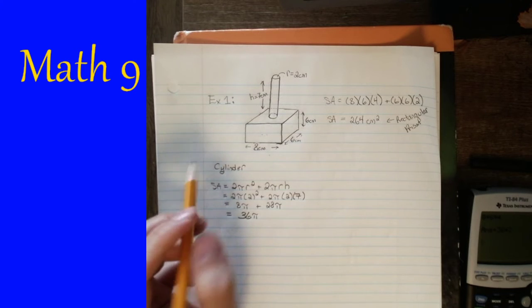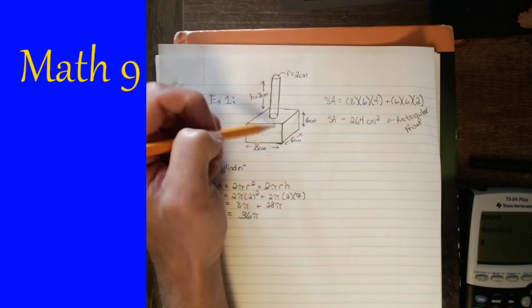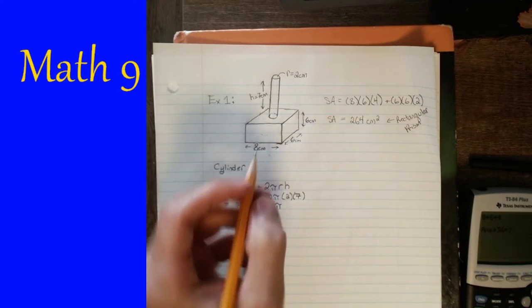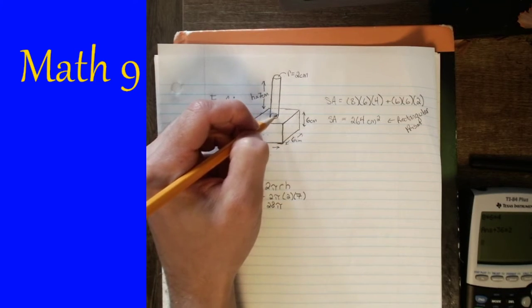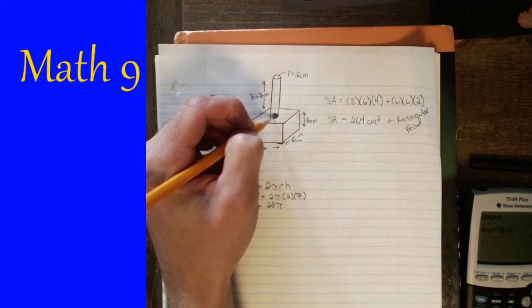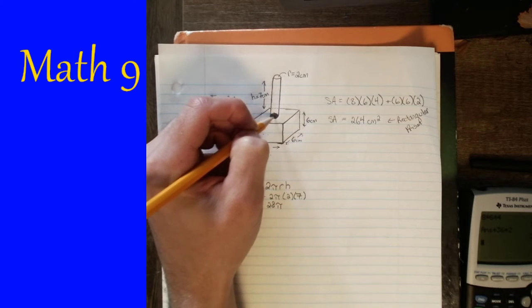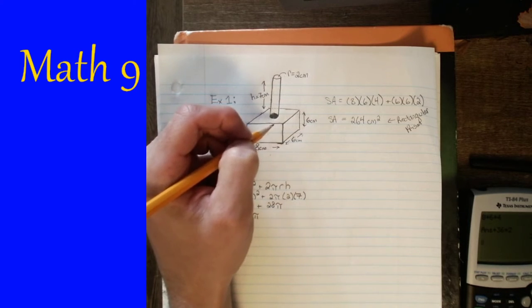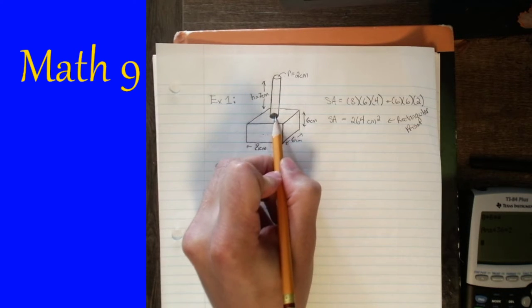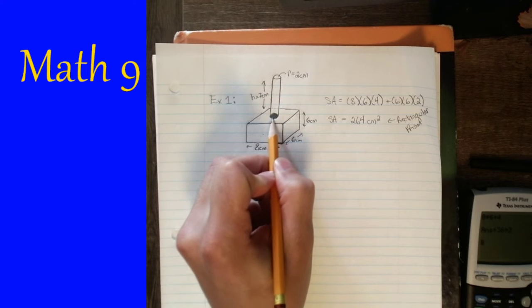Now, what we have to keep in mind when we do surface area of any composite object is that this space here that I'm shading in, we need to account for that because that's not actually on the surface. These two objects are attached, and so the bottom of the cylinder does not actually show.